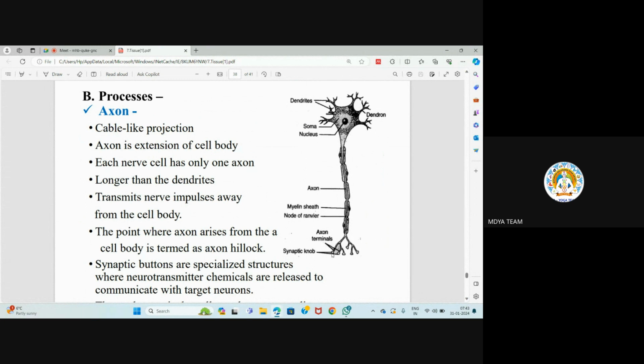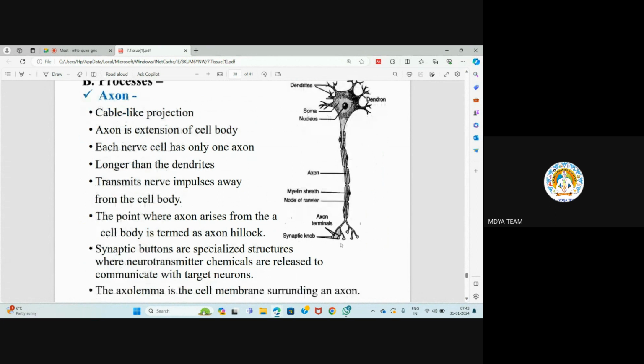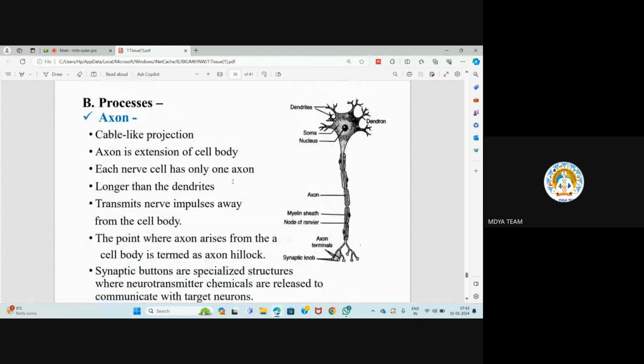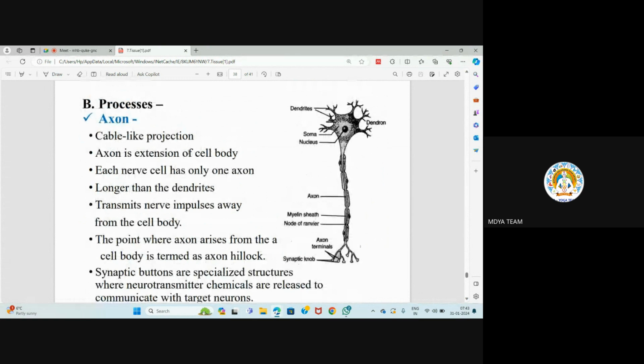Then axon terminals, synaptic knob. So the axon is a cable-like projection. You can see here it is a long cable-like projection. The axon is an extension of the cell body.